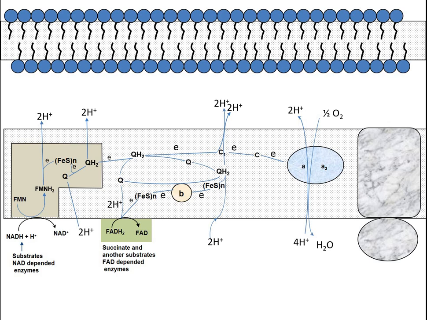This difference in proton concentration is called gradient potential. The difference in protons leads to charge formation, so electrical and chemical potential will form.